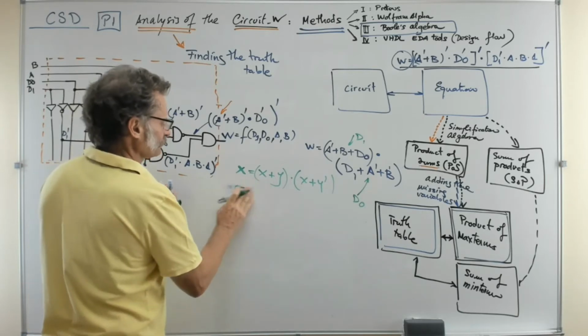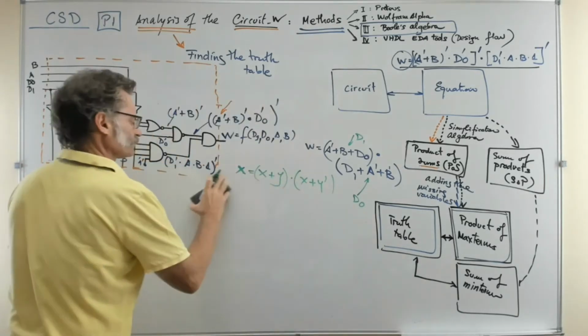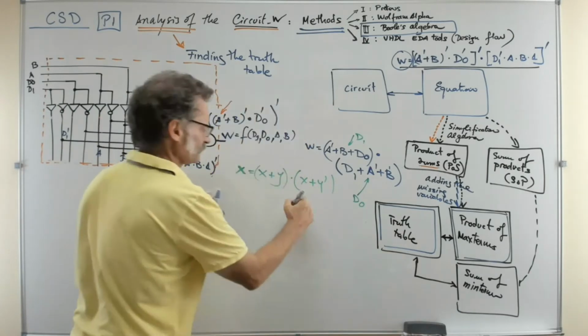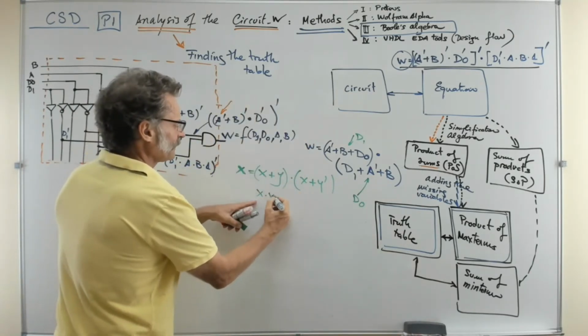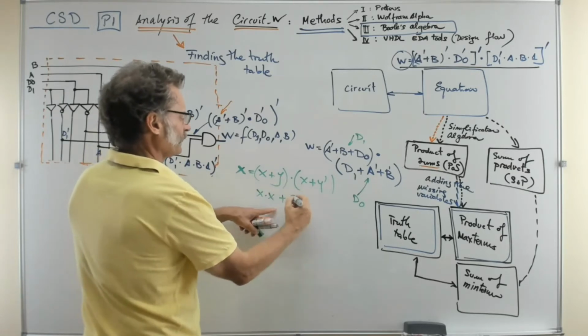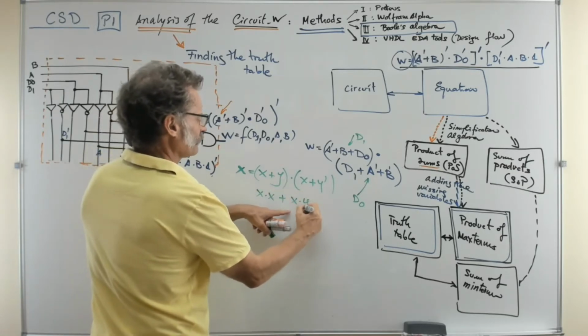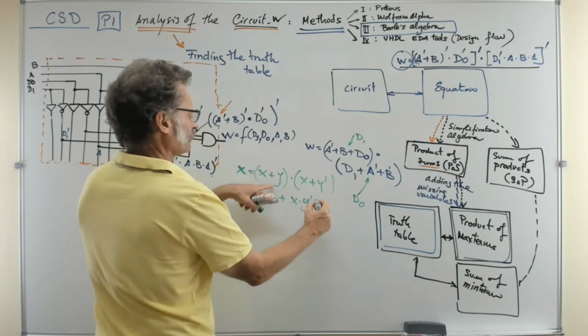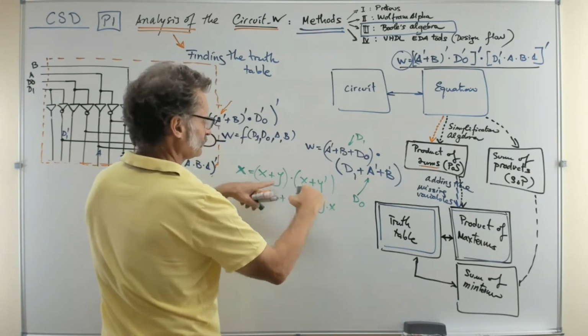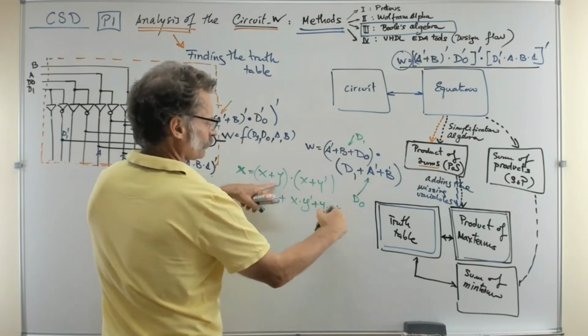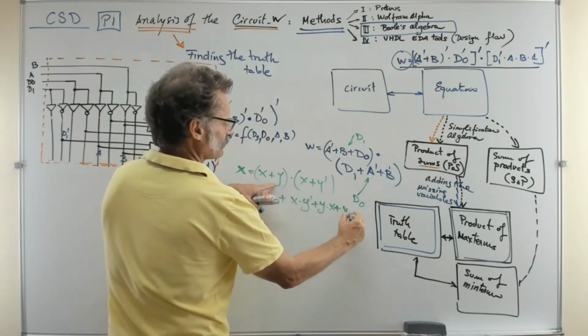If you like, you can solve that to be sure that this is correct. So x and x, or x and y not, or y and x, and finally y and y not.